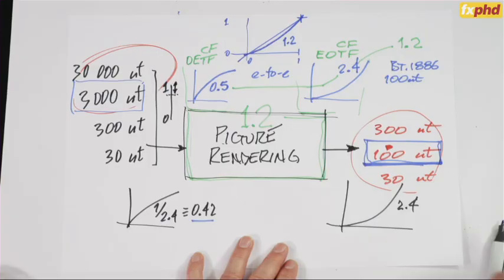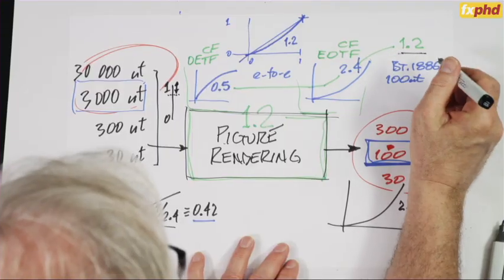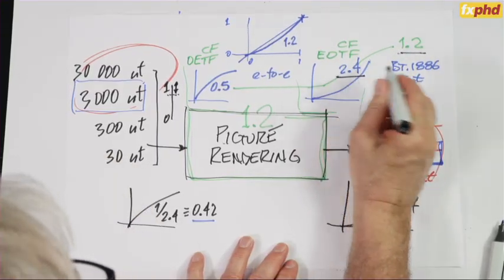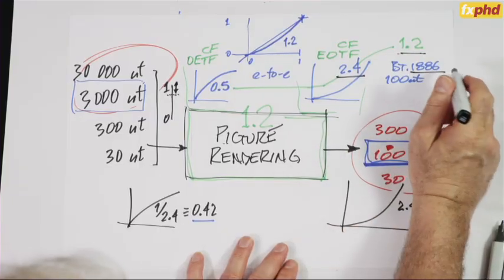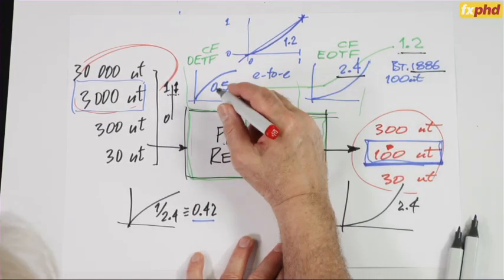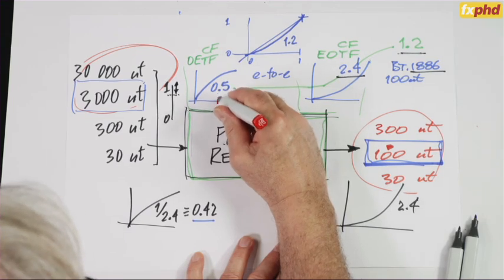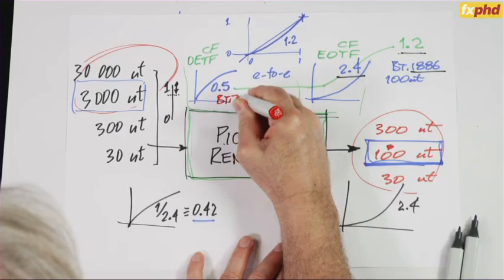Now, it's a confusing topic because that 1.2 number never shows up in the video standards. This 2.4 number shows up in BT1886, and this 0.5 number is the effective gamma function of BT709.